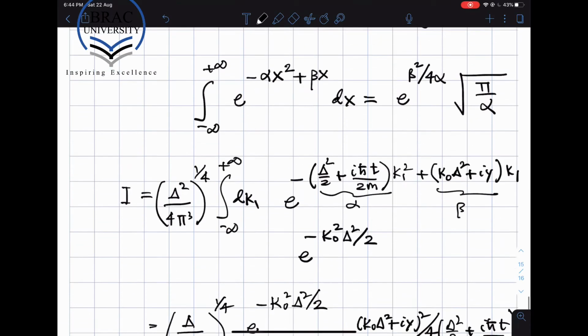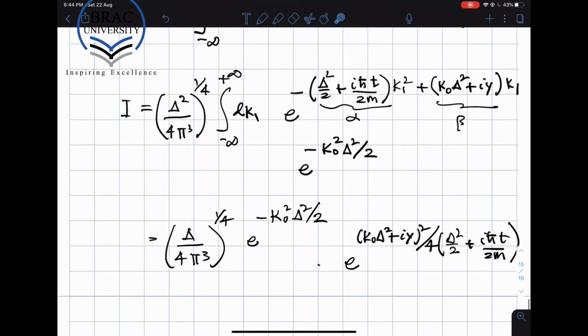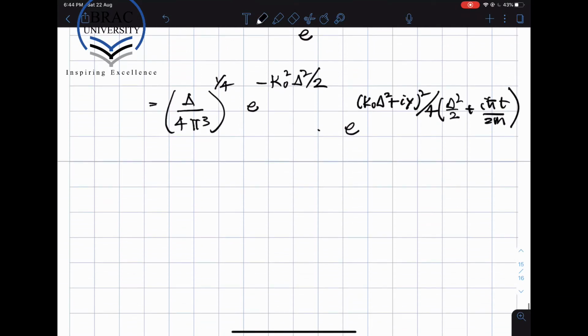And then we're going to have the factor of square root of pi over alpha. So we multiply this with pi to the power half divided by del squared by 2 plus i h bar t by 2m, and this whole thing is under a square root.